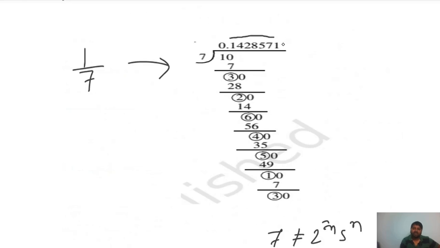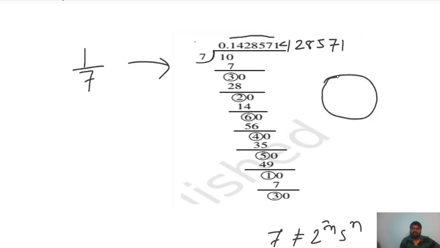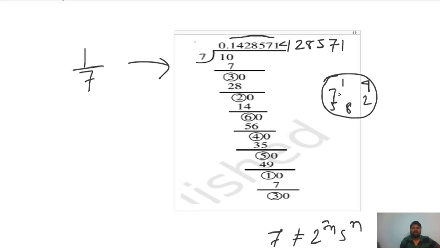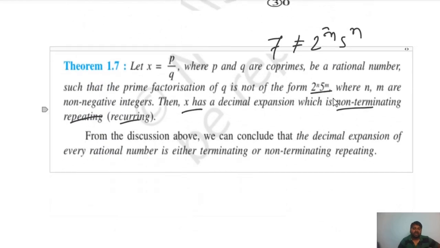Here we also get 1, 4, 2, 8, 5, 7, and this is a similar process. There is a circular part: 1, 4, 2, 8, 5, 7, continuing like this, and this is called non-terminating recurring.